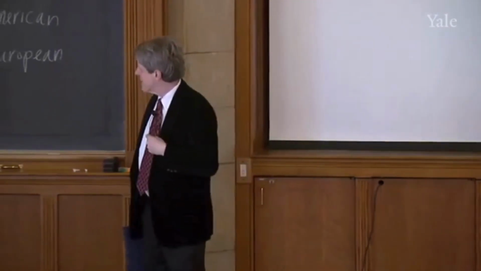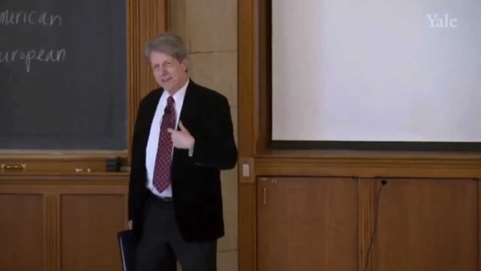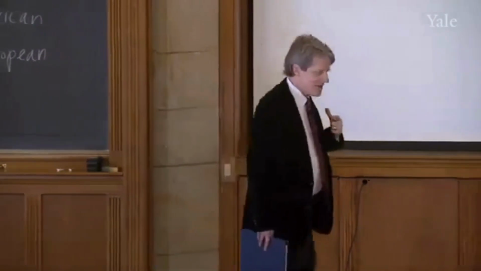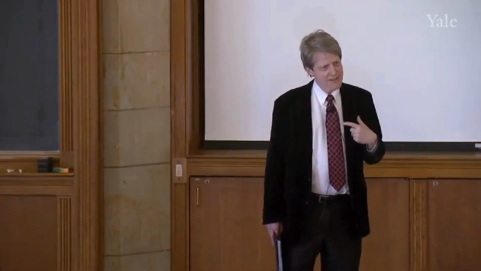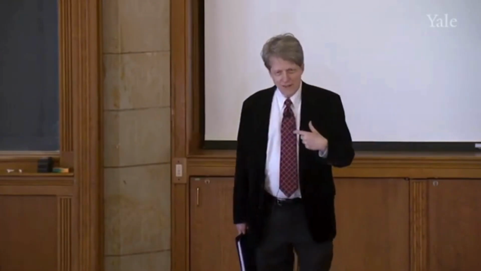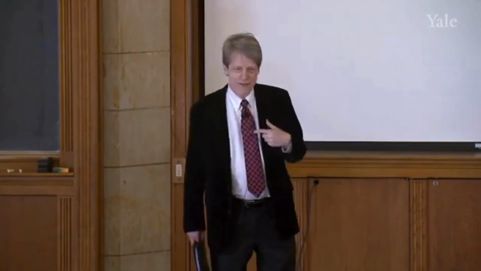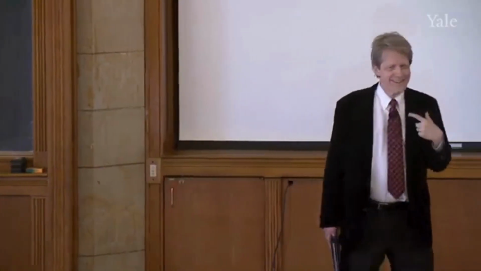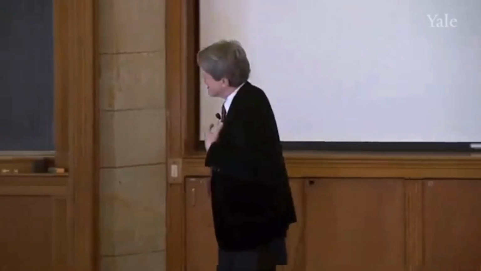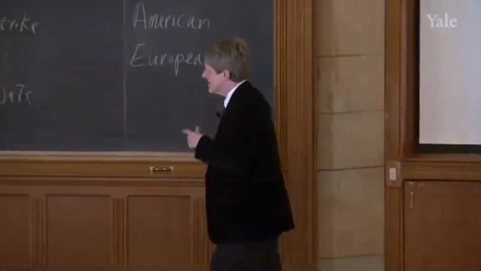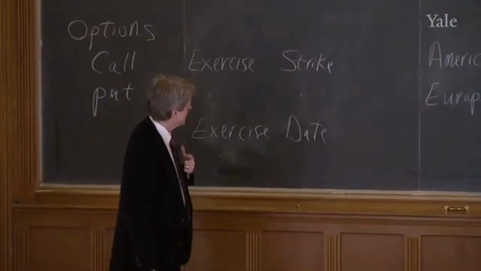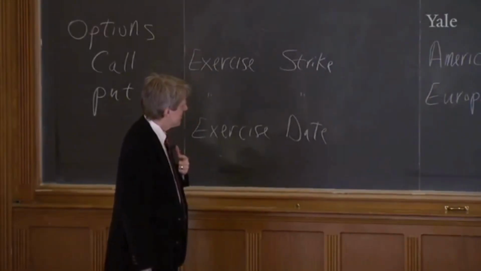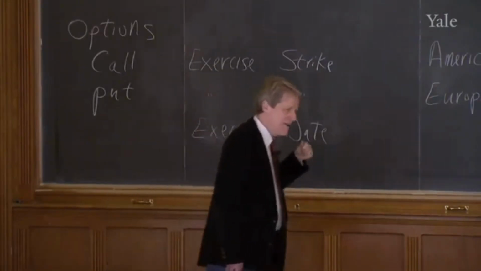We'll get back to that. But in a sense, let's think about this. Stocks themselves are options, in a sense, with a zero exercise price. Maybe I'll have to explain that in a minute. But let me go ahead to other examples.